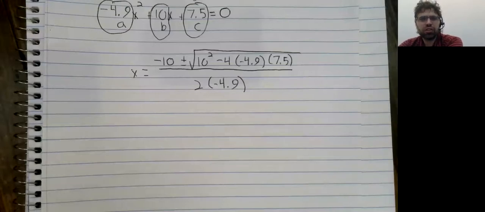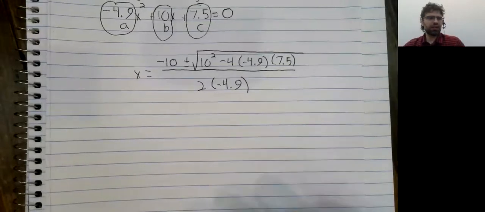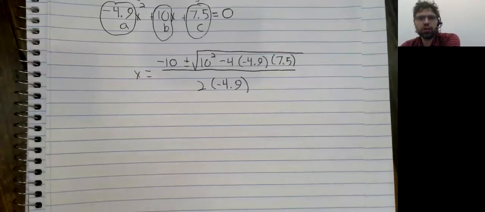The first thing to recognize is that your calculator is going to follow the order of operations. If you type negative 10 plus this square root divided by this denominator, you have made an error already.